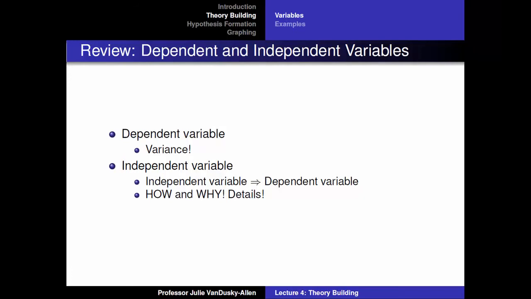All well-written theories or models clearly identify what the dependent and independent variables are. They also clearly identify how the independent variable affects the dependent variable and also explain why the independent variable affects the dependent variable that way. In the first part of this lecture, I'm going to show you some examples of well-written models and poorly written models.